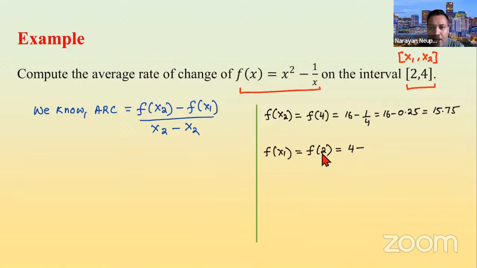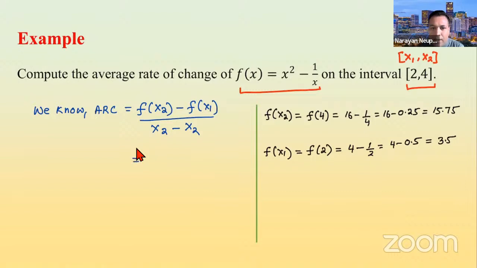In this case, x is 2, so it is 1 over 2. So it becomes 4 minus 1 over 2, which is 0.5. 4 minus half is 3.5. Right? 4 minus 0.5 is 3.5. So we got the values. Now what you have to do is plug in these values into the formula to find the value of average rate of change.